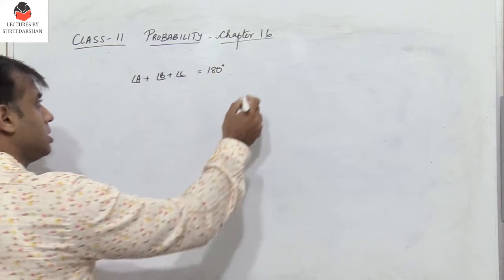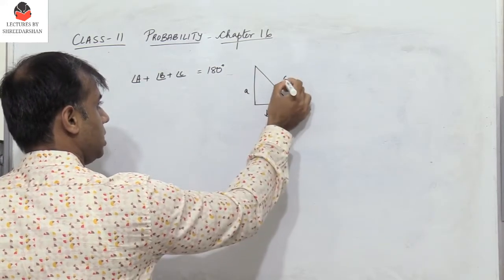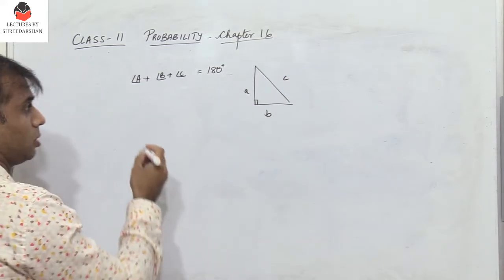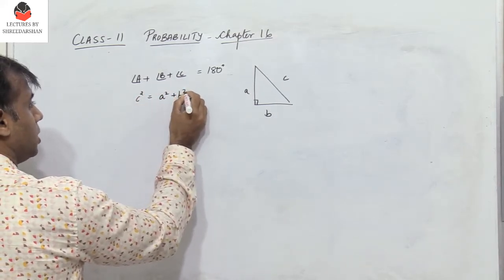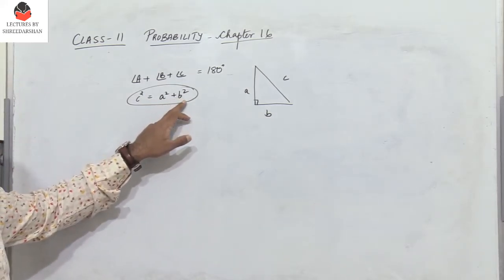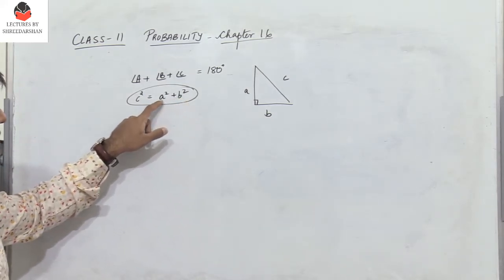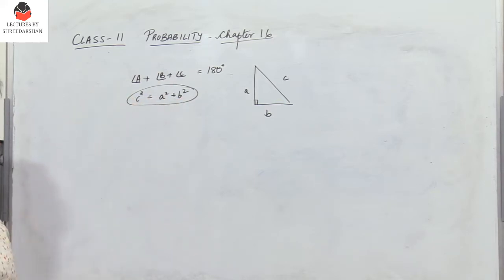Or if I consider the sides of a right angle triangle, with sides A, B and C, according to Pythagoras theorem, we know that C square equals A square plus B square. This condition is always true irrespective of A and B. So I choose a value of A and B, and C will be found by using this formula. Therefore, the results are fixed, right?